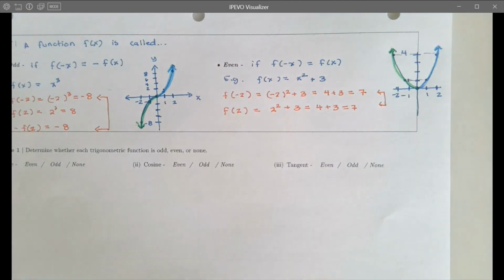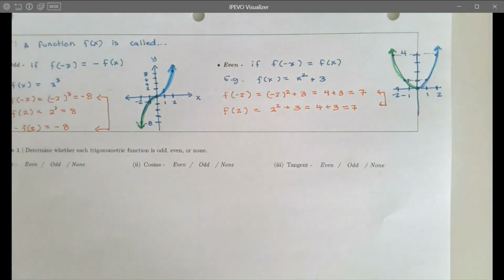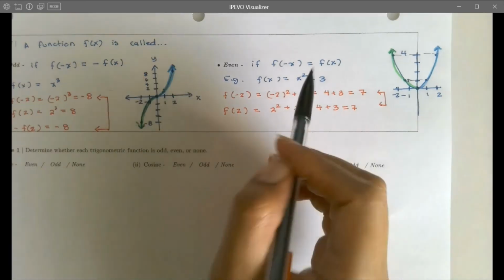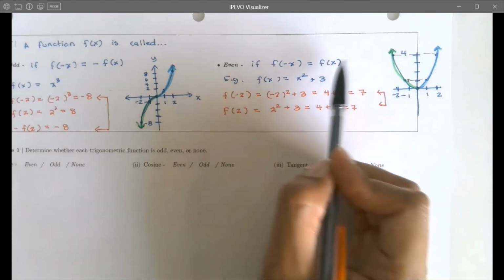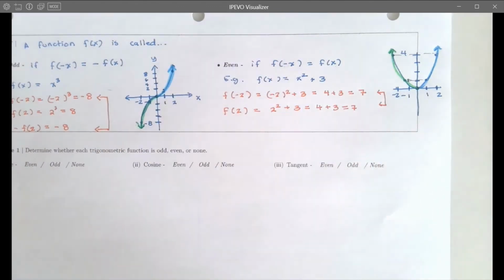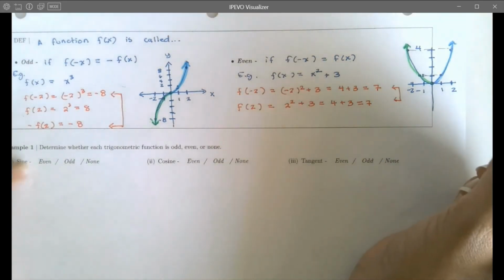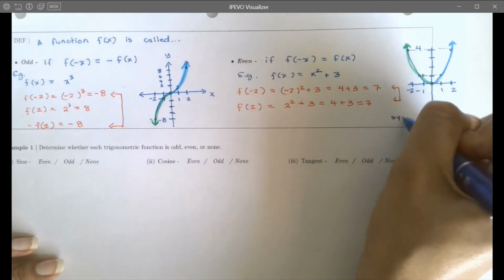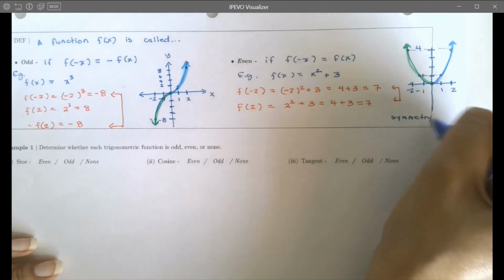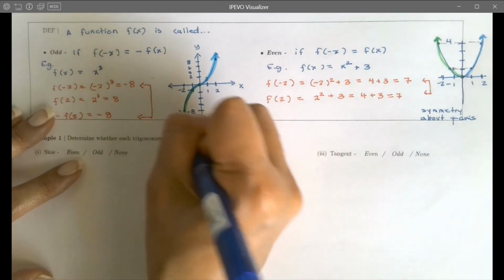And it's true about x squared, but it's going to be true about any even function, because by definition, if you take the negative value and plug it into f, you'll get the same thing as the positive value. Okay, so these special properties are called, for even, reflection or symmetry about the y-axis. And in this case, we say there's symmetry about the origin.